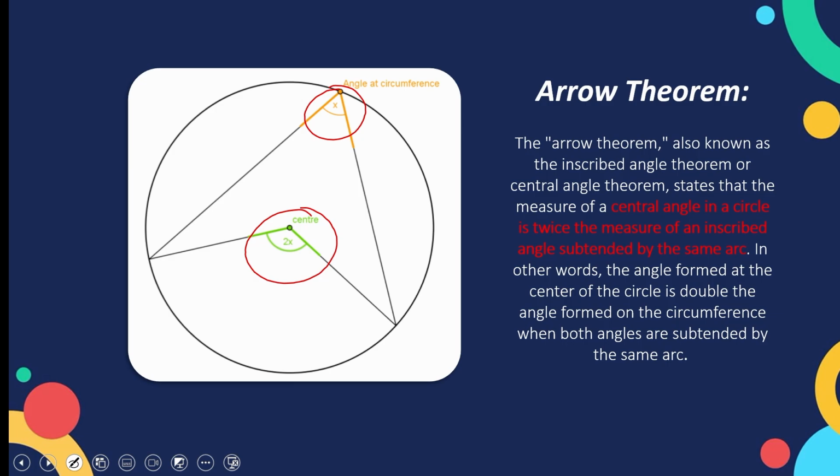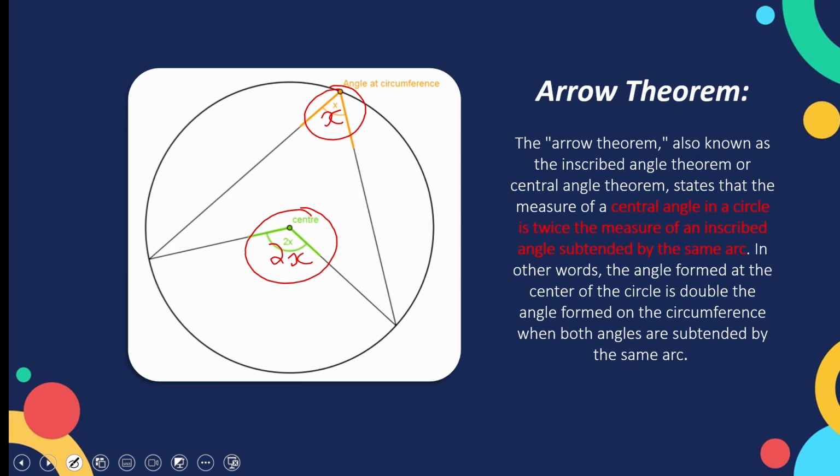In other words, in its simplistic form, what the arrow theorem is saying is that this angle in the middle, this 2x, the central angle, is twice as big as the angle at the circumference. If the central angle is 2x, the angle at the circumference is x, and vice versa.